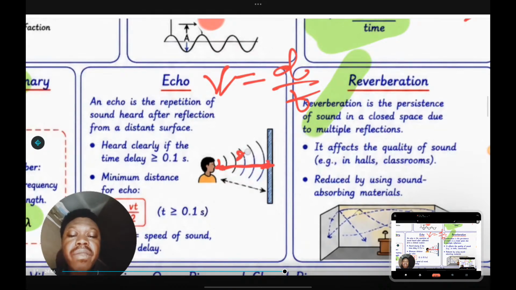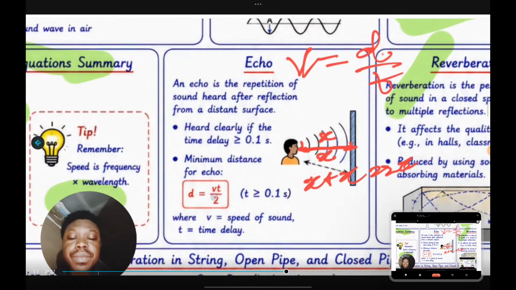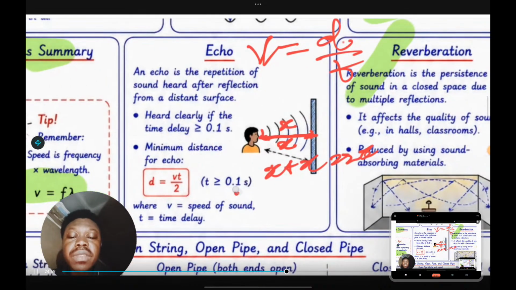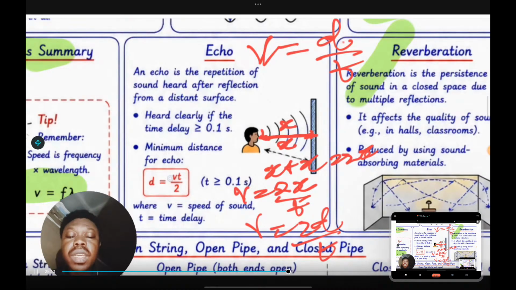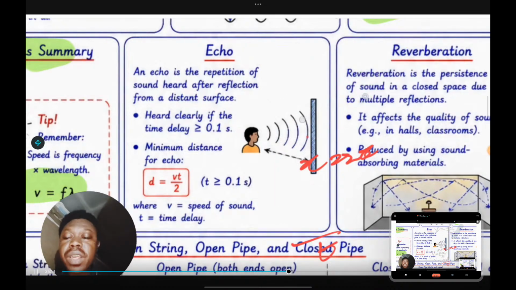Moving here, I have X. In returning, I have X. So X plus X gives me 2X. That's why I'm having 2D here. So V equals 2X over T, or you can say V equals 2D over T. If you make D the subject of the formula, you obtain this particular formula. I hope you are learning from this.